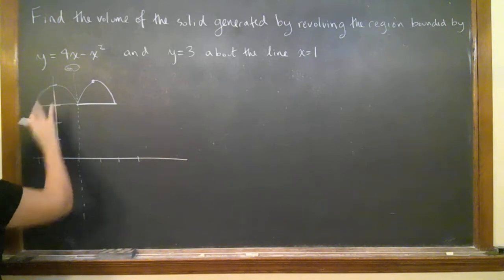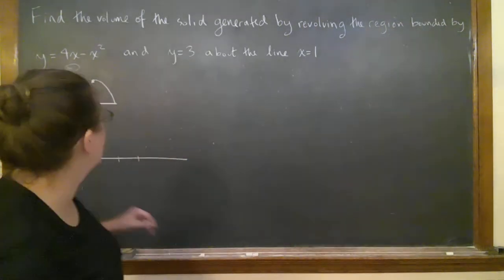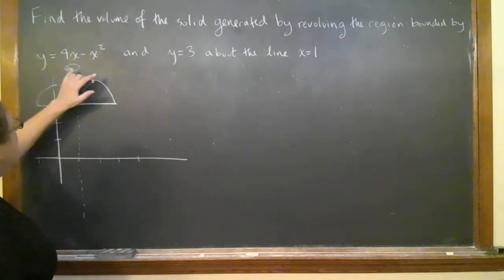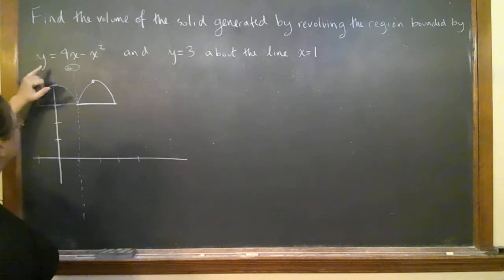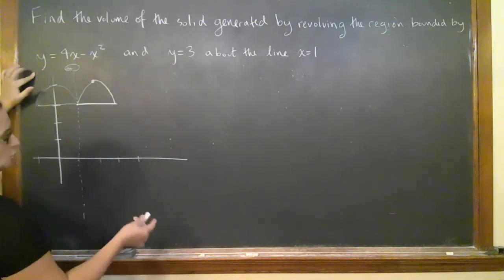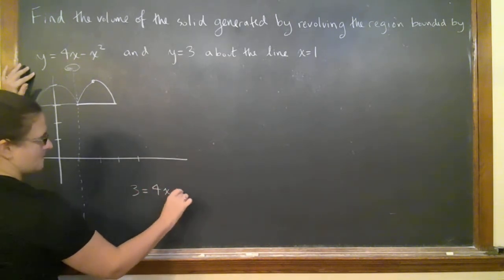Now technically I should be careful and make sure that I drew it properly. So let's double check that this makes sense. What points do these two curves actually intersect?